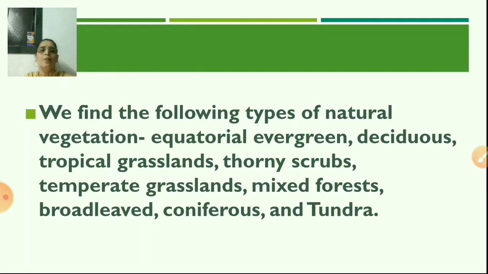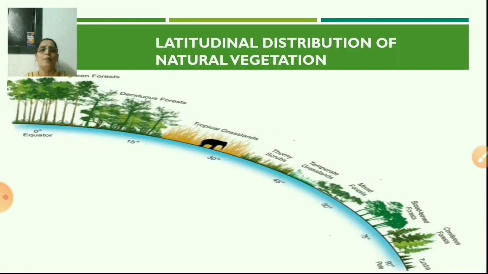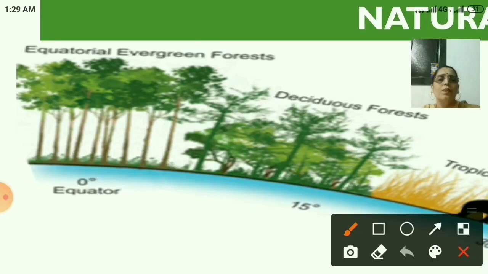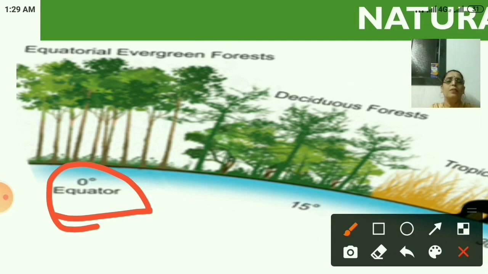Okay. Now we will see the picture of latitudinal distribution of natural vegetation. Students, you can see the 0-degree equator, and here on the 0-degree equator you can see equatorial evergreen forest.